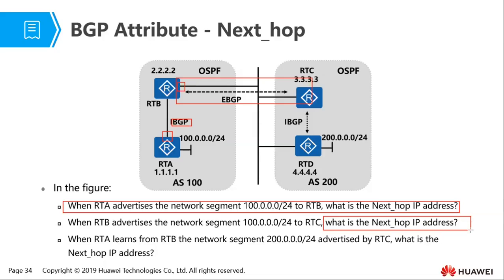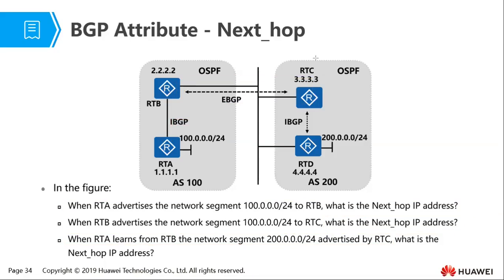Now, the last scenario here: when RTA learns from RTB the network segment 200 that has been advertised by RTC. Let me be clear. When you learn a route from an EBGP neighbor and you advertise it to an IBGP neighbor, the next hop does not change.